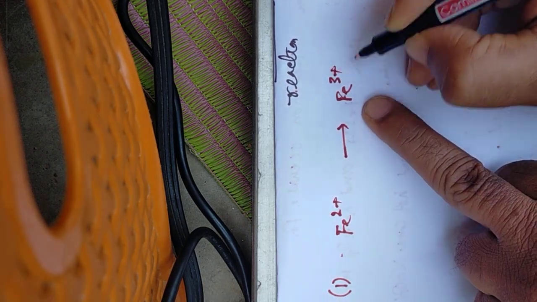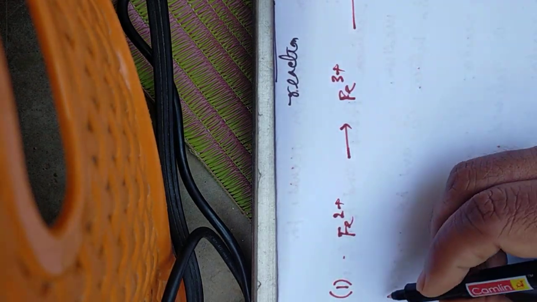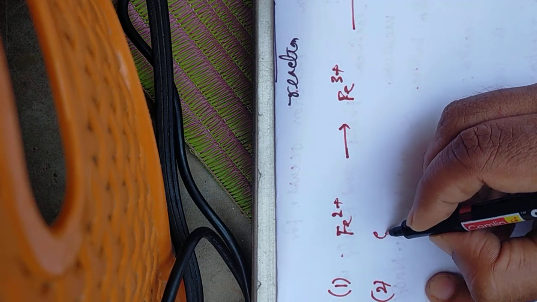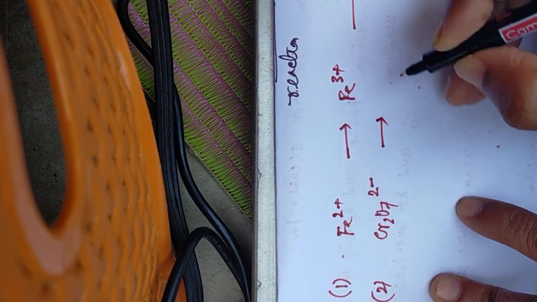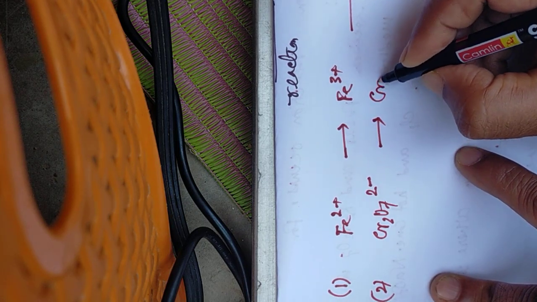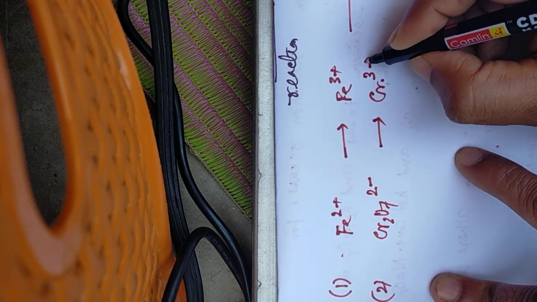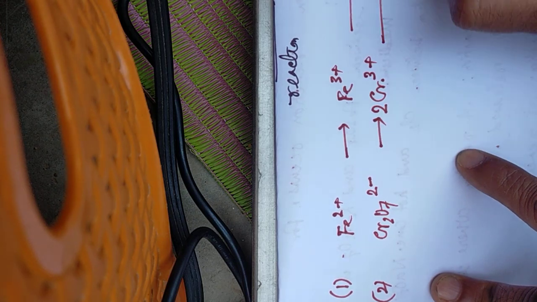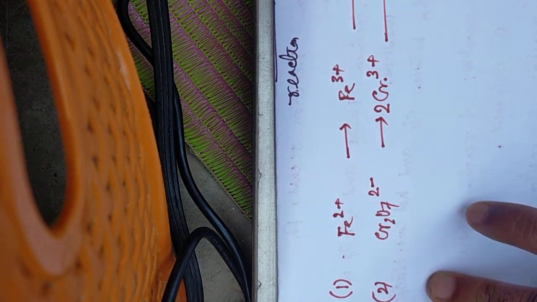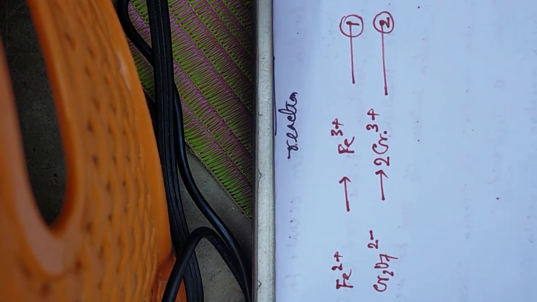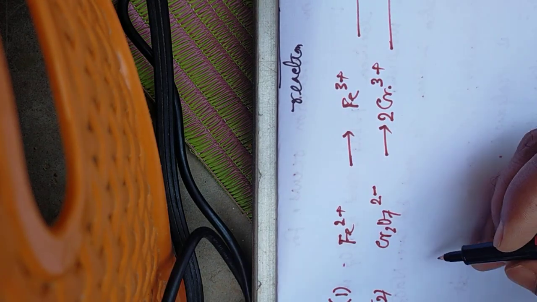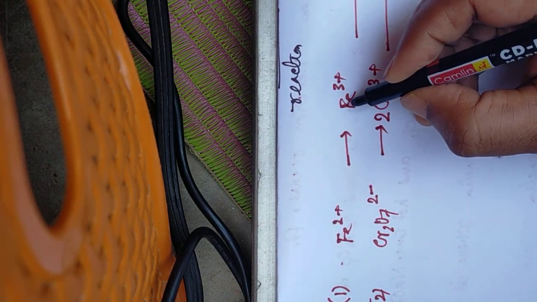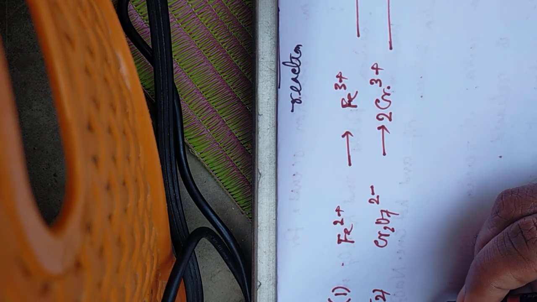This is number 1. And number 2 is Cr2O7 2- converted into 2Cr3+. This is equation 2. Now we balance these two equations by following some rules.